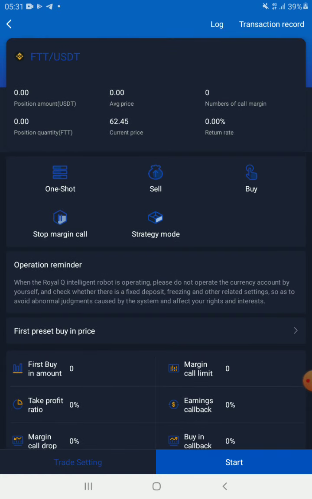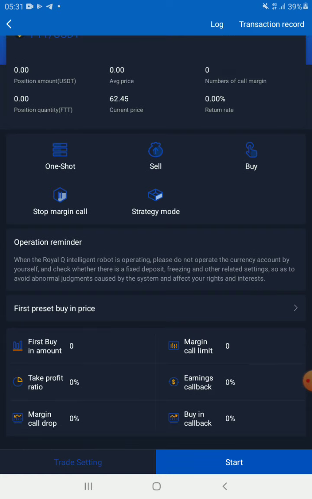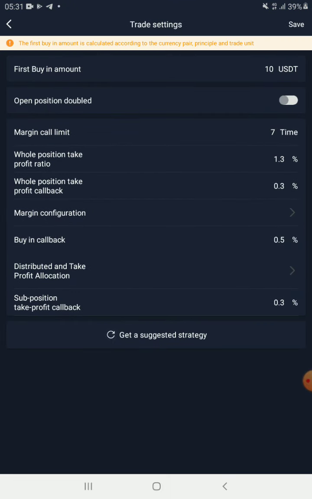So once you have picked this as what you want to buy, you go to trade settings. Click on trade settings. Now first buying amount simply means the amount you want to start with, right? Margin call limit simply means whenever the coin starts going against you, perhaps going down further, what you expect the robot to do.